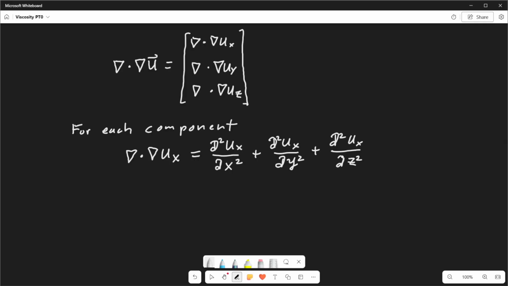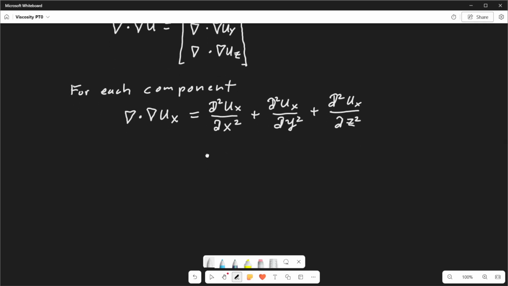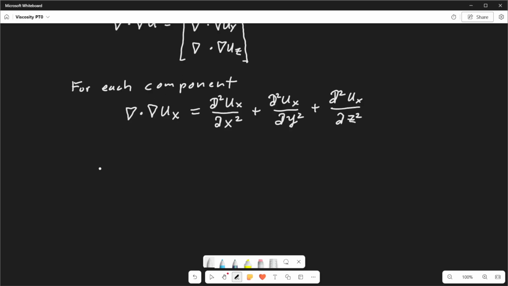So it's basically this that contributes to the change in the ux per change in time. So what actually contributes to ux, so delta squared ux, which is another way of writing this.